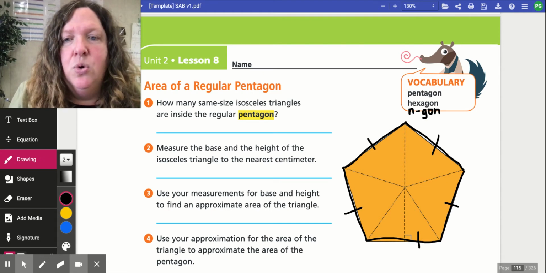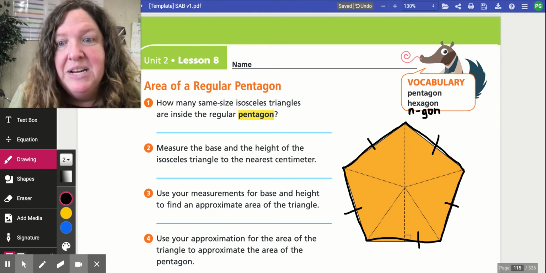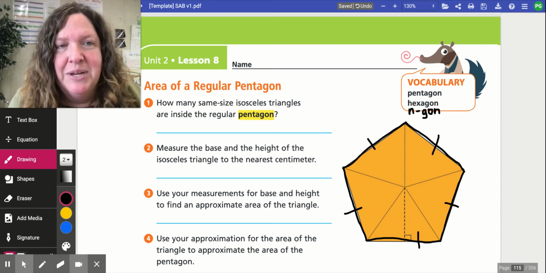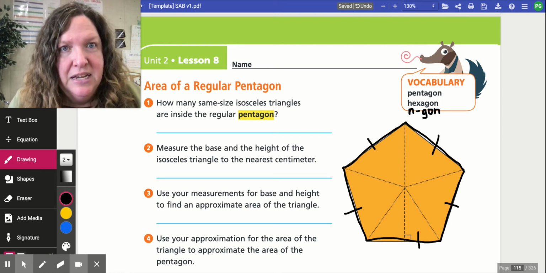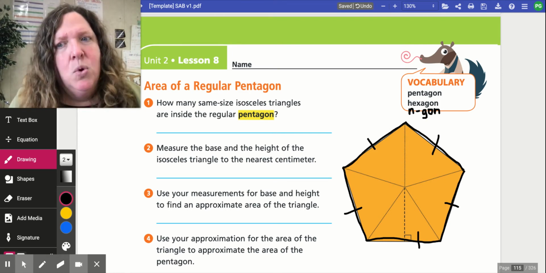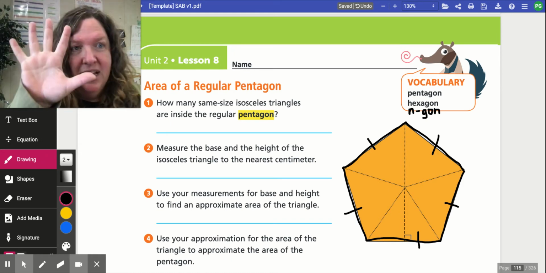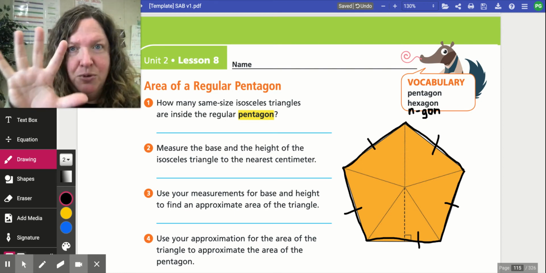Now, the question though is, when we're dividing this up, we're going to treat it like a complex shape. We're going to cut it up. And in this particular case, we're going to cut it up into as many triangles as there would be bases or outside sides. So this is a pentagon, so it has 5 sides, so we're going to cut it into 5 triangles.